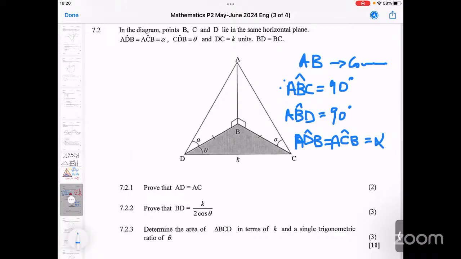Yes, sir. And it is for that reason that we will therefore say AD should be equal to AC. Yeah, I think it is just a matter of actually stating all that is given to say.